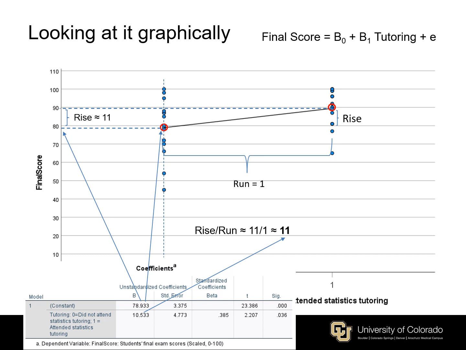So the estimate of the intercept or constant is really an estimate of the average final score for these students who did not do tutoring, as indicated in the graph. And as we check our descriptive statistics later on in the module, we can check this 78.9 value against what the descriptive statistics say in terms of the average final score for the non-tutoring group.